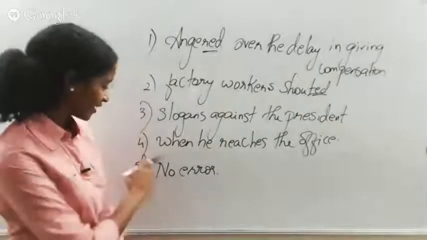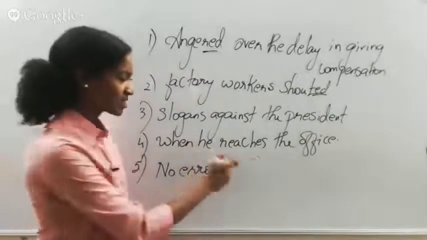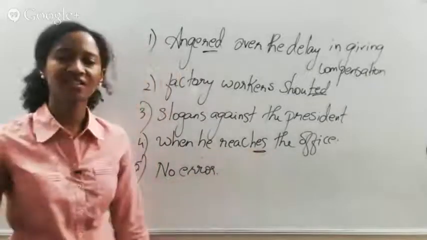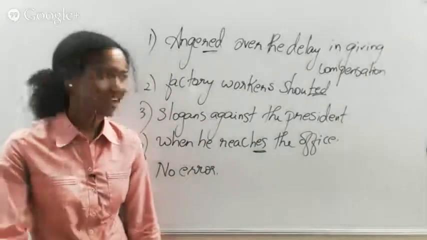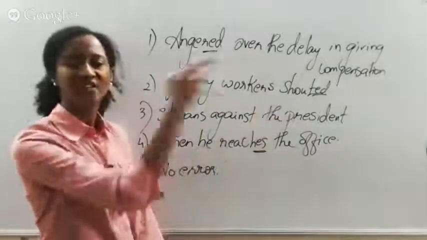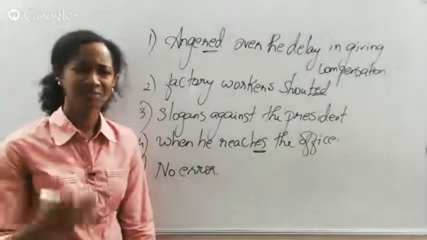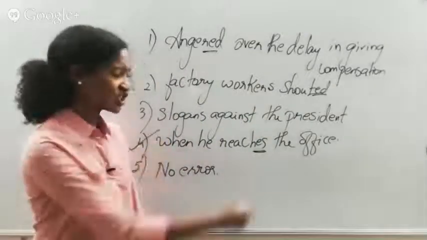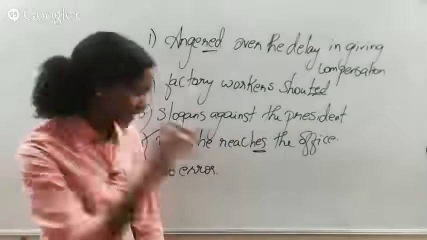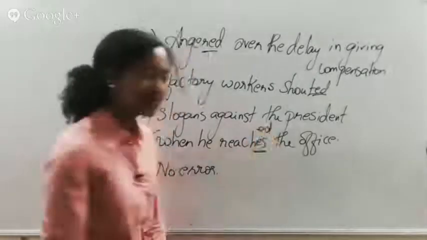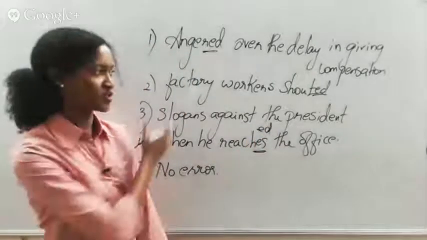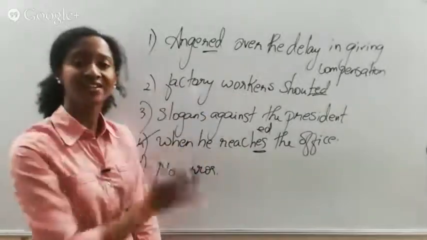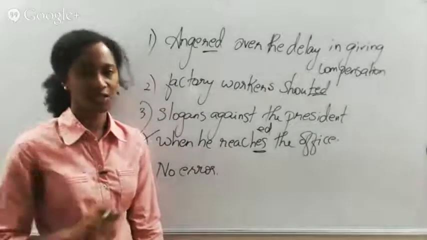Yes, right? Fourth part, what is it? Reaches. Reaches is in the simple present tense. I can't have that because the overall action is happening in the past. So the error is in part 4. I changed reaches to reached the office. After he reached the office is when all of this happened. But the entire context is taking place in the past tense verb form.